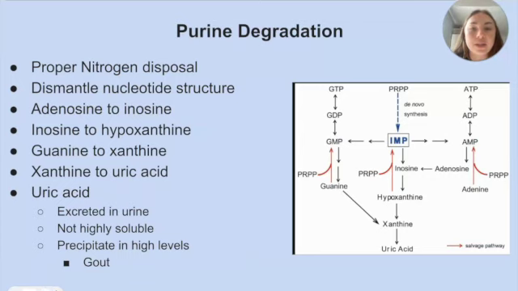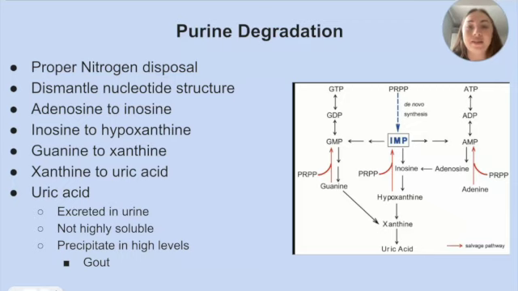Purine degradation allows for nitrogen contained in nucleotides to be degraded in a manner allowing for proper disposal. This process occurs by dismantling the nucleotide structures: sugar, phosphate, and base. The base is excreted as uric acid, which is the end product in purine degradation. For example, adenosine can be deaminated into inosine and then converted into the respective base by nucleotide phosphorylase.